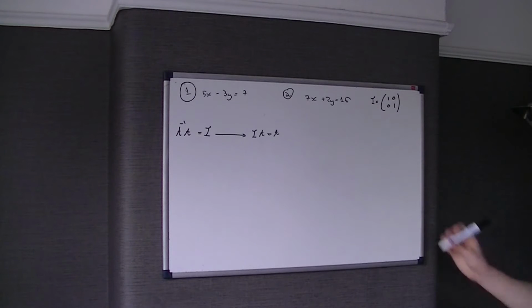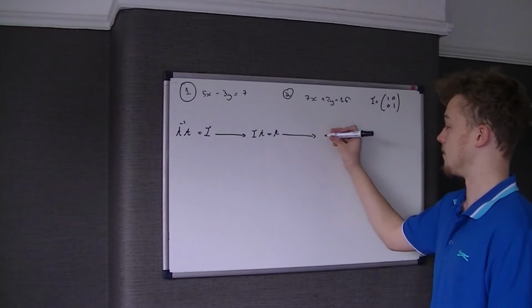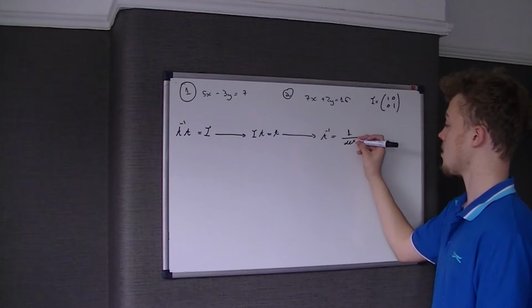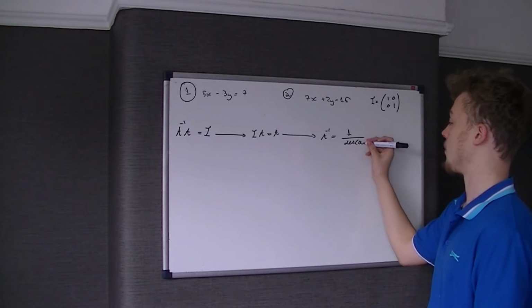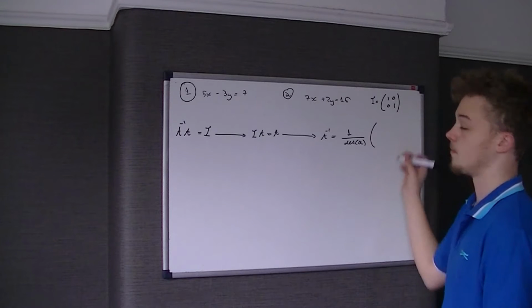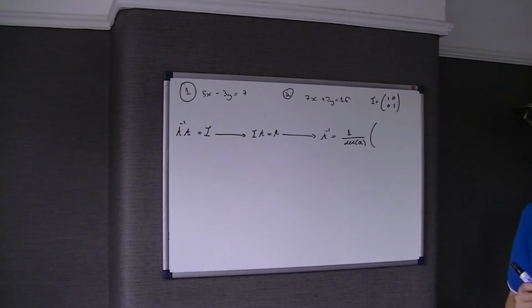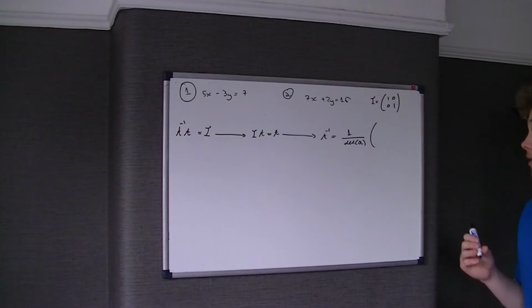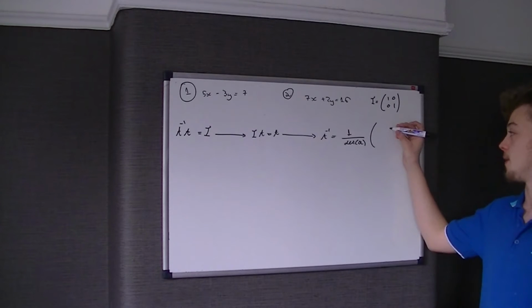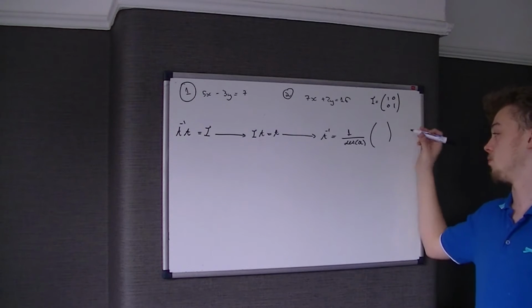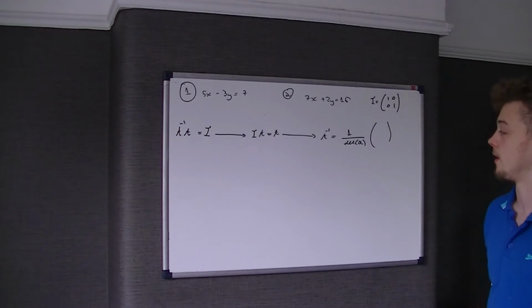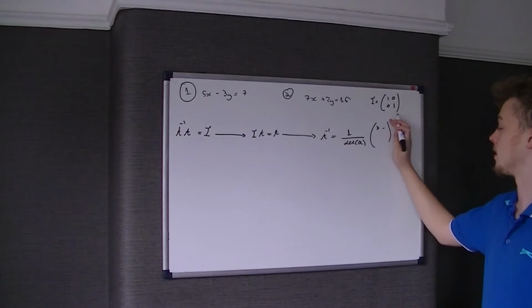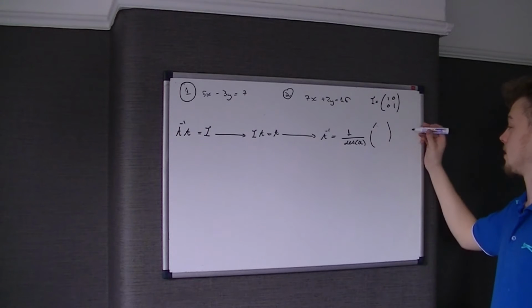Oh yeah, obviously we have the equation for the inverse matrix A, which is 1 over the determinant of A. As I said, if you don't know what we mean by the determinant of A, please do check the previous video. And that was times by, I have to write out the matrix.